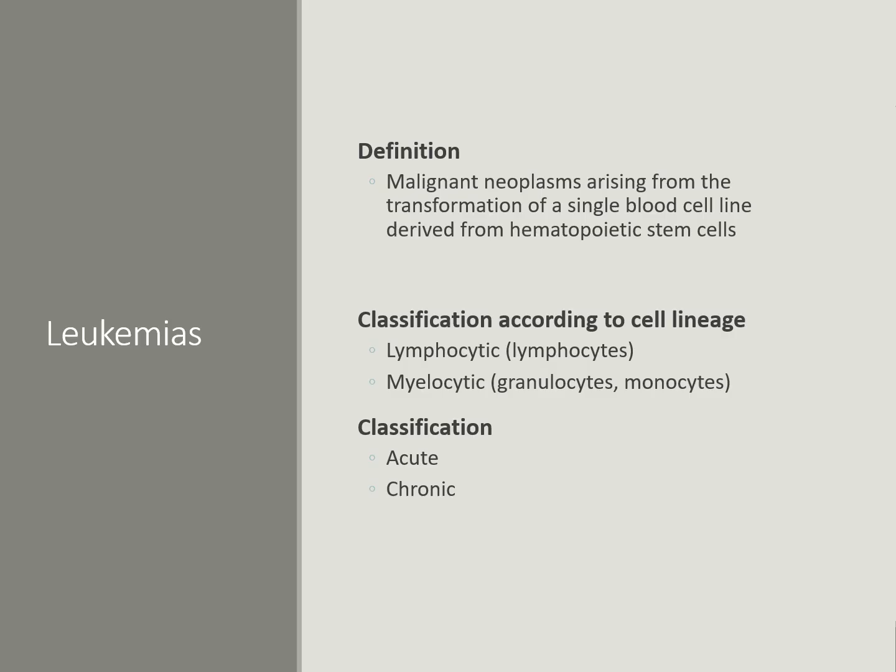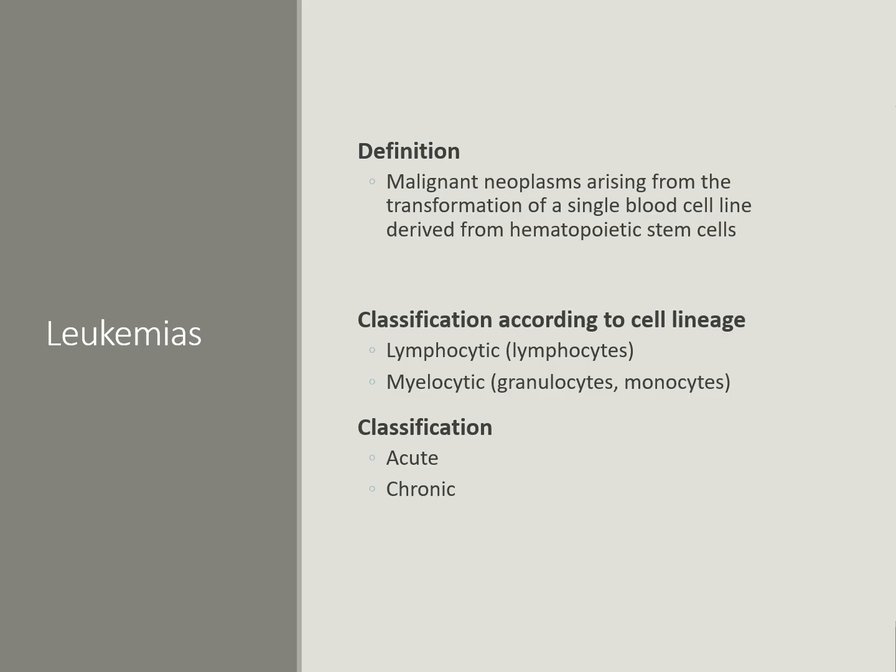The lymphocytic leukemias involve immature lymphocytes and their progenitors originating in the bone marrow, but they can then infiltrate the spleen, the lymph nodes, the CNS, and other tissues. Again, immature lymphocytes, usually B cells and T cells.